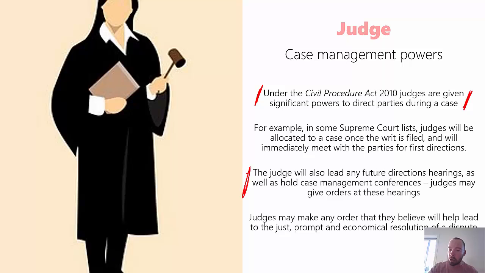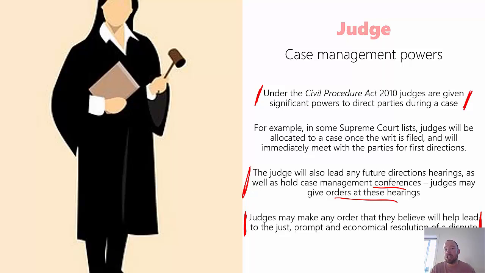So this includes things like holding directions hearings, case management conferences, giving directions and orders to the parties, and that could include, and we'll talk about it in a moment, disposing of some issues or advising the parties, encouraging the parties to actually go and settle their dispute. So a pretty significant active role a judge plays, not that passive role that perhaps suggested by them being an impartial third party.